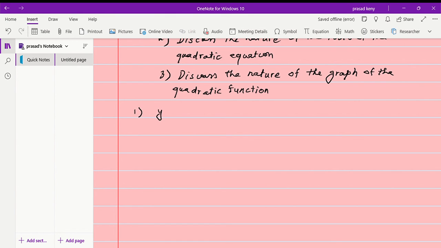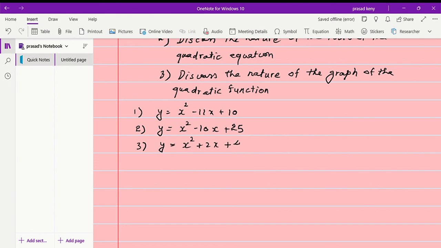Y is equal to x square minus 11x plus 10. Then second, y is equal to x square minus 10x plus 25. Third, y is equal to x square plus 2x plus 4.